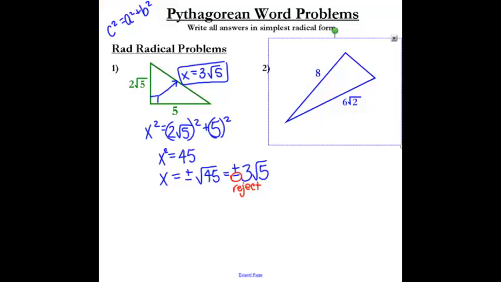In number 2, I got x squared equals 8, which means x equals positive or negative 2 radical 2. I reject this, and I come up with x equals 2 radical 2. Number 3 is a 30, 60, 90 right triangle, which you will become very familiar with next year, in which the hypotenuse is 16 radical 3.